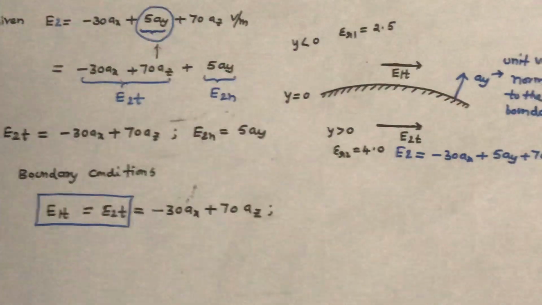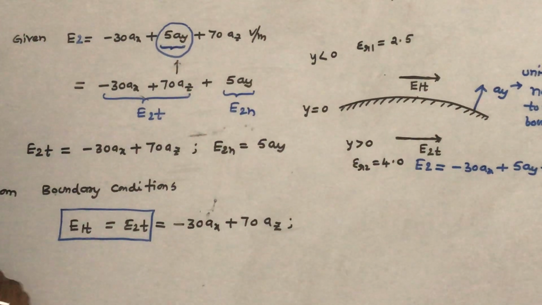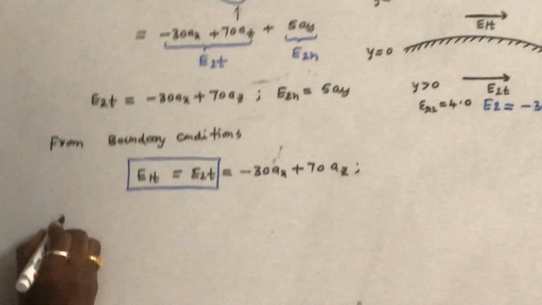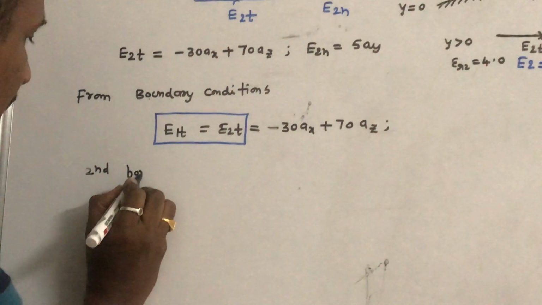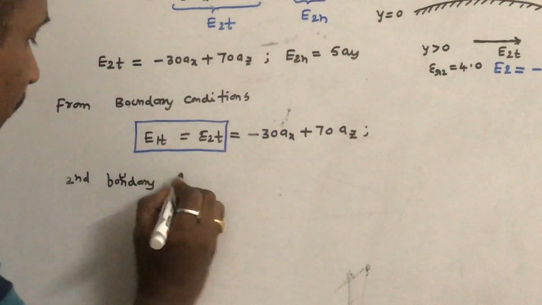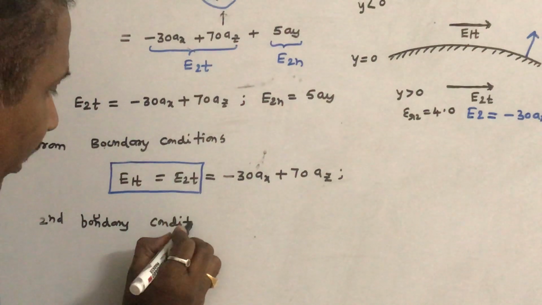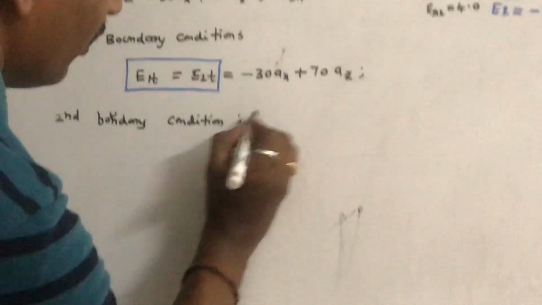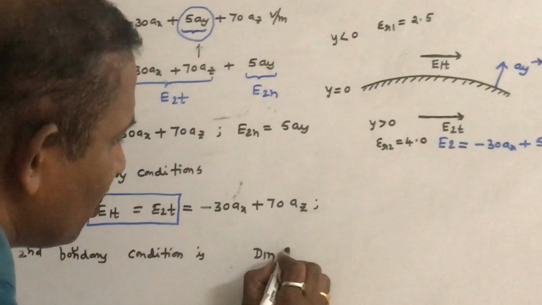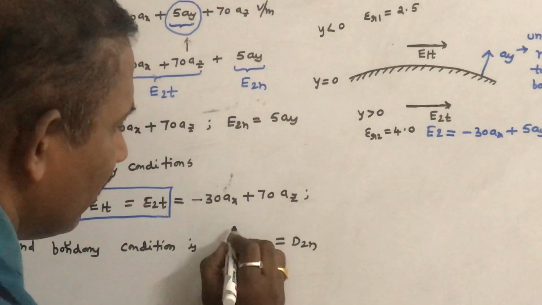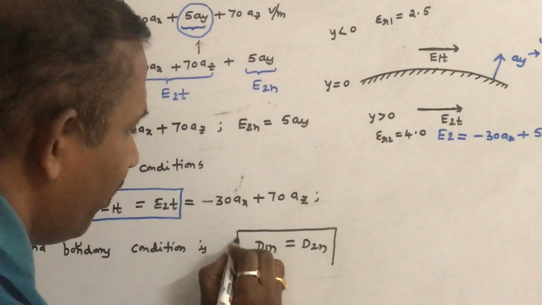The second boundary condition is that the normal components of flux density are the same across the boundary, that is D1n is equal to D2n.